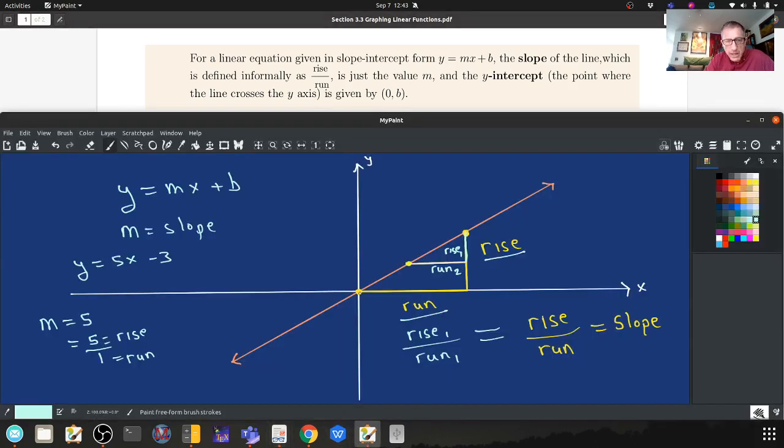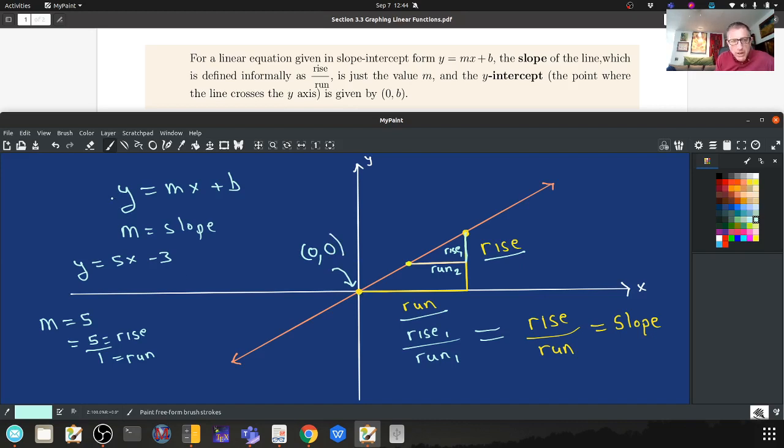So over here, that point is right here, and its coordinates always have 0 in the x slot, and in this case it's 0, 0. So this point is the y-intercept.